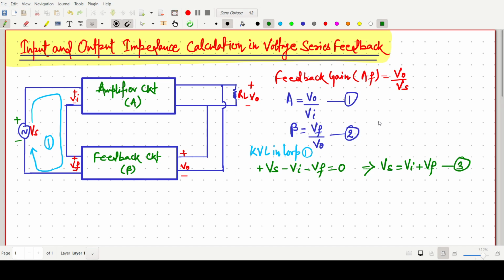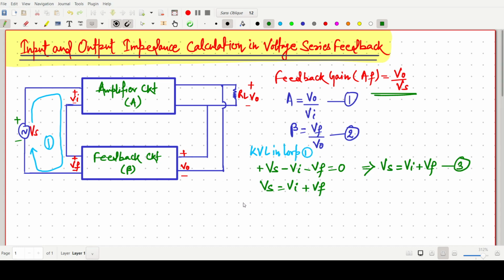I am going to derive this feedback gain. We have Vs equals Vi plus Vf, taking equation number 3.